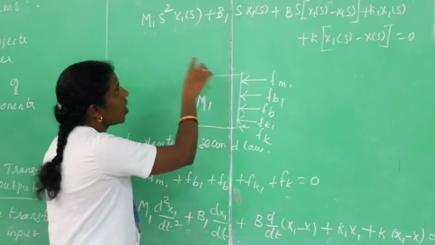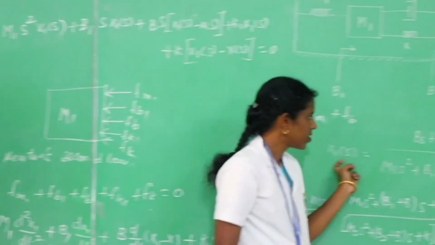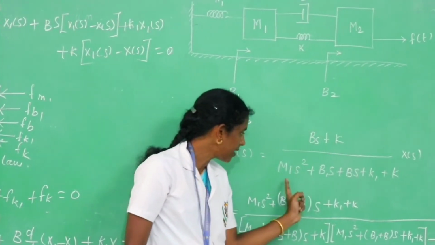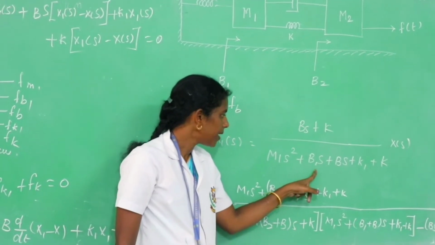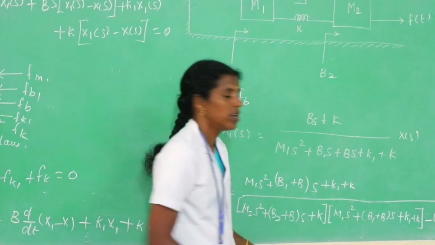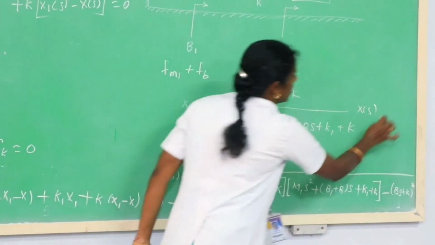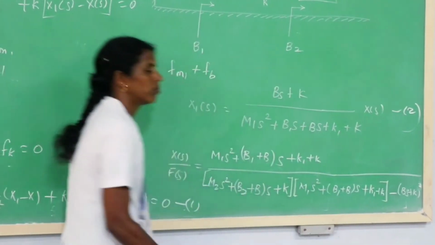If you solve this equation, we will get X1 of s is equal to (bs plus k) divided by (m1 s square plus b1 s plus bs plus k1 plus k) into X of s. You can consider this equation as 2.